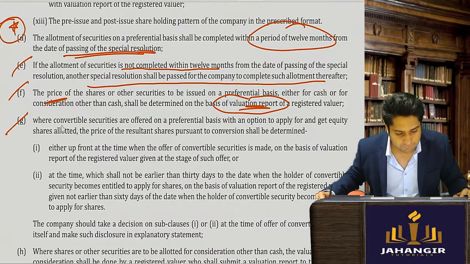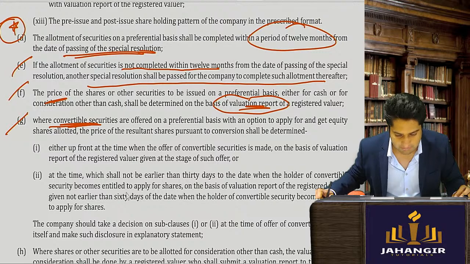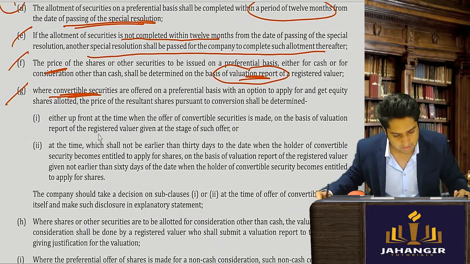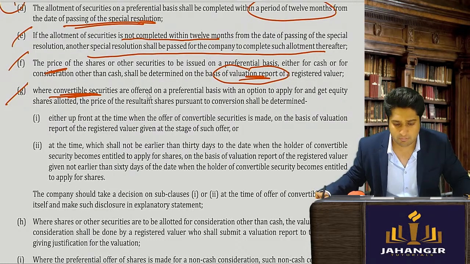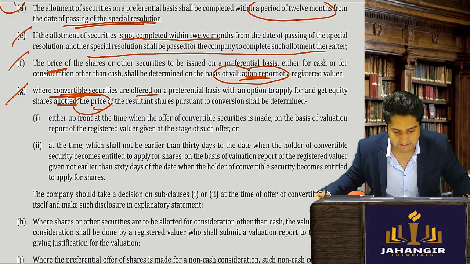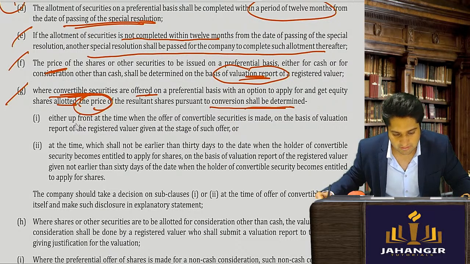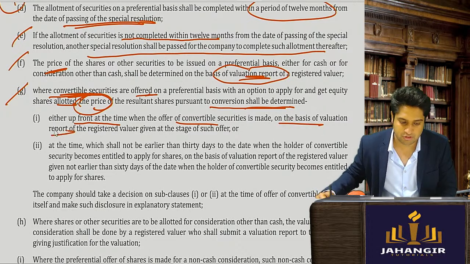Now if convertible securities are issued, then their convertible tenure should be maximum 18 months. Here they have given you where the convertible securities are offered and equity shares are allotted. The price pursuant to which shall be determined either upfront at the time of the offer on the basis of the valuation report.